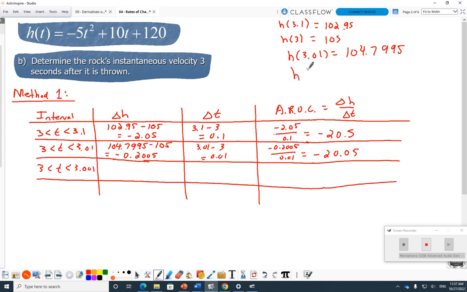H at 3.001. Sub that in. My calculator, I can go back up and do old equations. It's good. 104.979995. 104.97995.